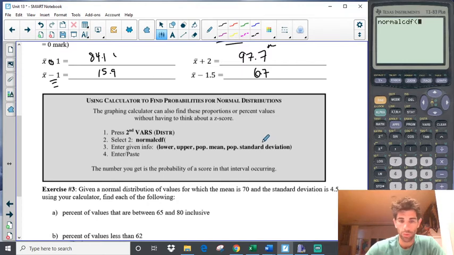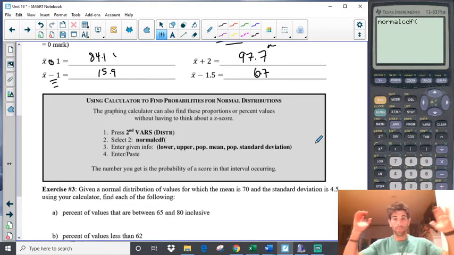Then you would hit enter, and it's going to give you a decimal. You multiply that decimal by 100, and that's going to give you the percent, the probability of a score in the interval occurring. The interval is going to be between two numbers, so it's a lower and an upper bound.